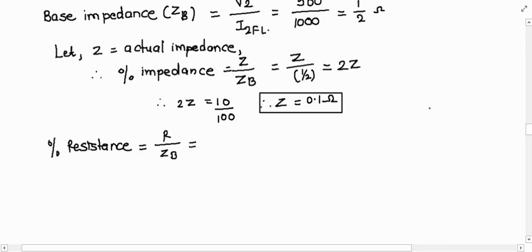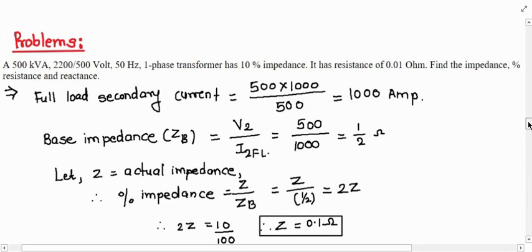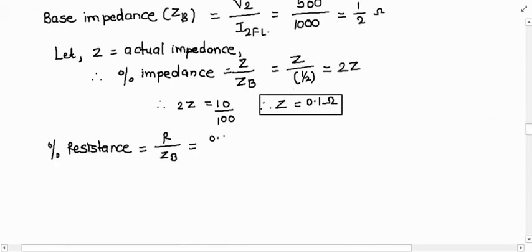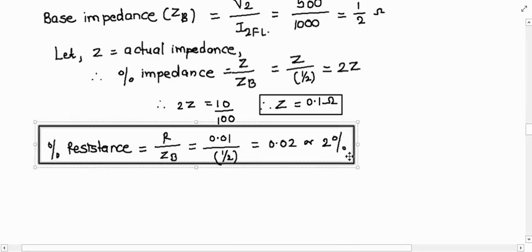R is given to you in the problem, it is 0.01 ohm. So 0.01 ohm divided by ZB, which is 1/2. So percentage resistance you will get as 0.02 per unit, or we can say 2%. So this is your first answer.